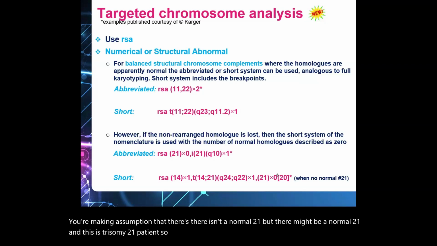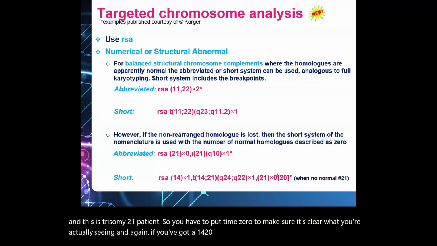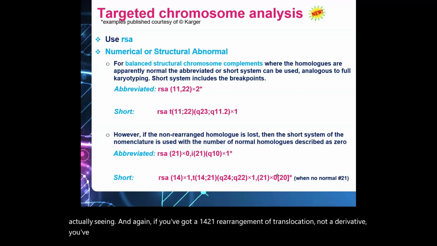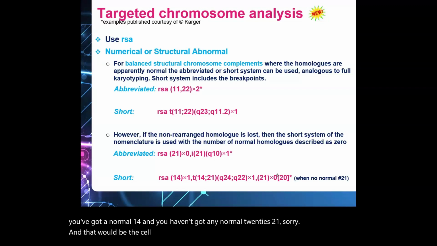So you have to put times 0 to make sure it's clear what you're actually seeing. And again, if you've got a 14;21 rearrangement, a translocation, not a derivative, you've got a normal 14 and you haven't got any normal 21s. And that would be, the cell numbers would be given because it's a neoplasia.